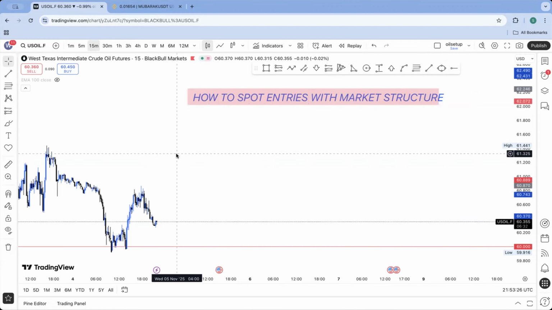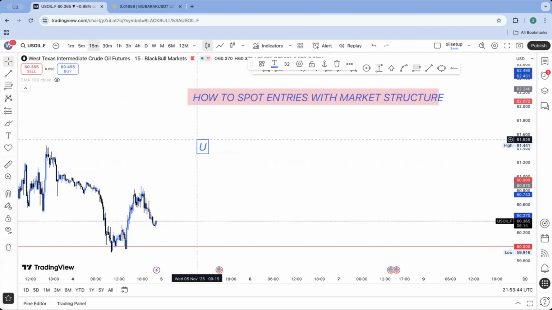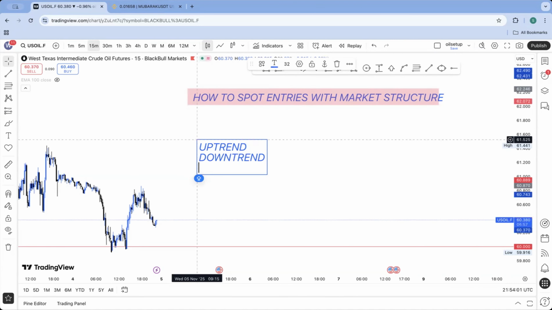So market structure is all about knowing the direction of the trend. All right. So we have three types of market structure. We have uptrend, we have downtrend, and then we have ranging markets.